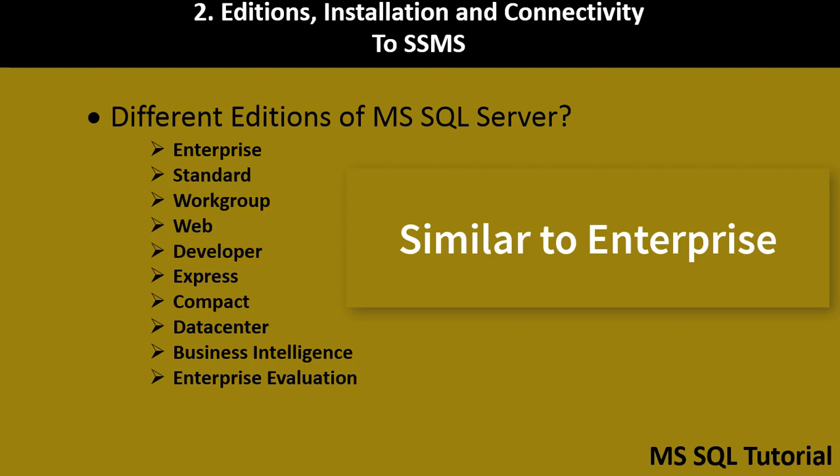This is similar to Enterprise, but licensed to only one user, for one development purpose, one testing purpose, and one demo. It can be upgraded to Enterprise without any reinstallation. It is a very simple step, and it will convert easily into Enterprise Edition.